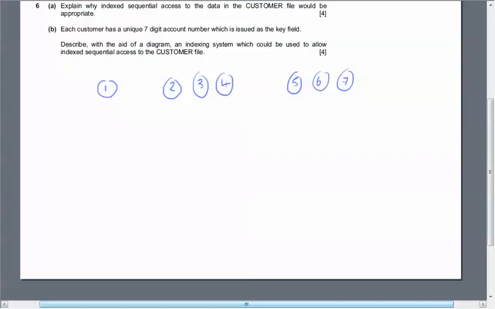The first record that we're going to put in is going to have base index of 0, and then the next 3 is 0 and the next 3 is 0, or 0, 0, 1.